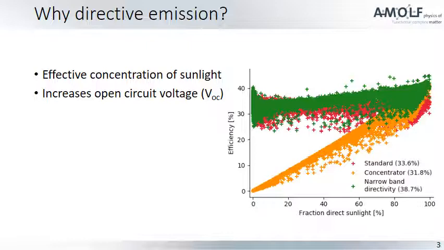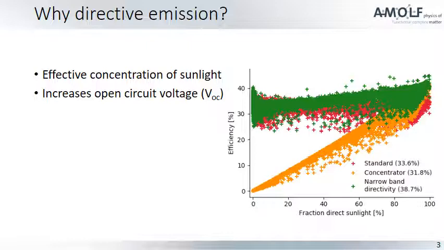A typical planar solar cell emits light in all directions, but this is partly a loss mechanism, and if we can make it emit the light only back towards the sun, we can increase the efficiency via increasing the open circuit voltage. On macroscopic scale, this is typically done with concentrating lenses.